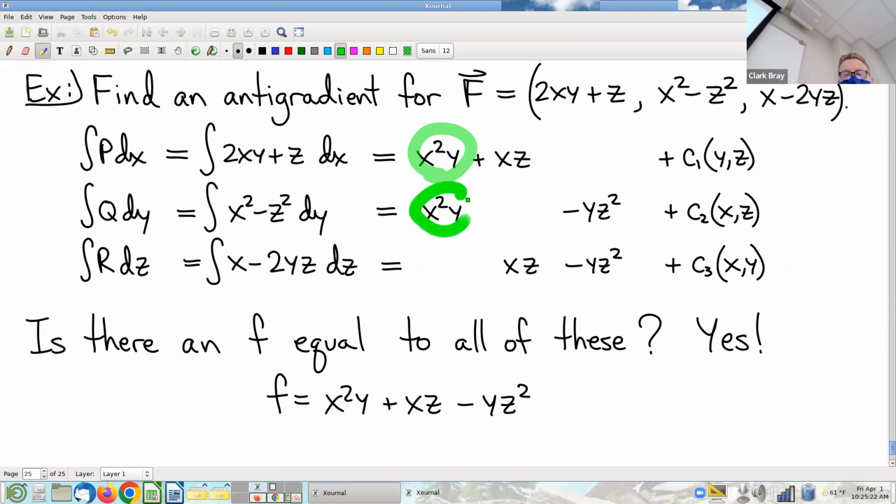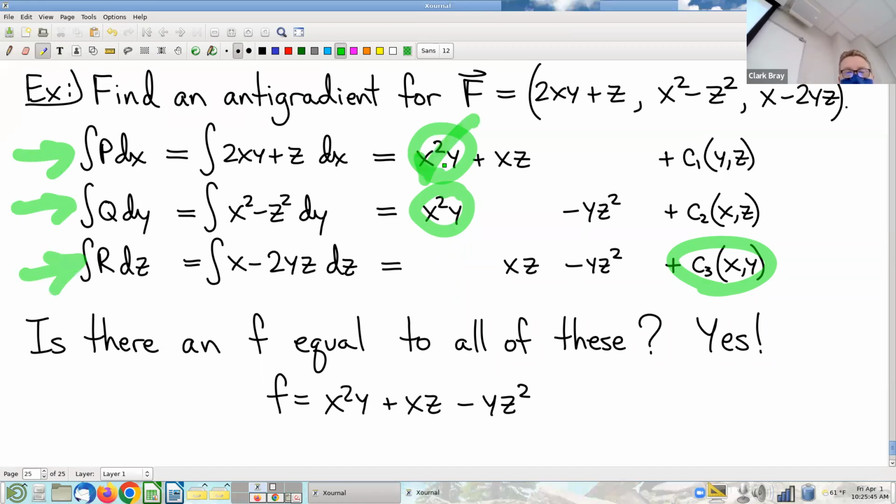I see an x squared y there. I don't see an x squared y in here. But you know what I could do? I could make this x squared y, and that's fine. So we've kind of matched up some terms here. All three of these do indeed have this same term. It's just that one of them is the mystery partial constant function.